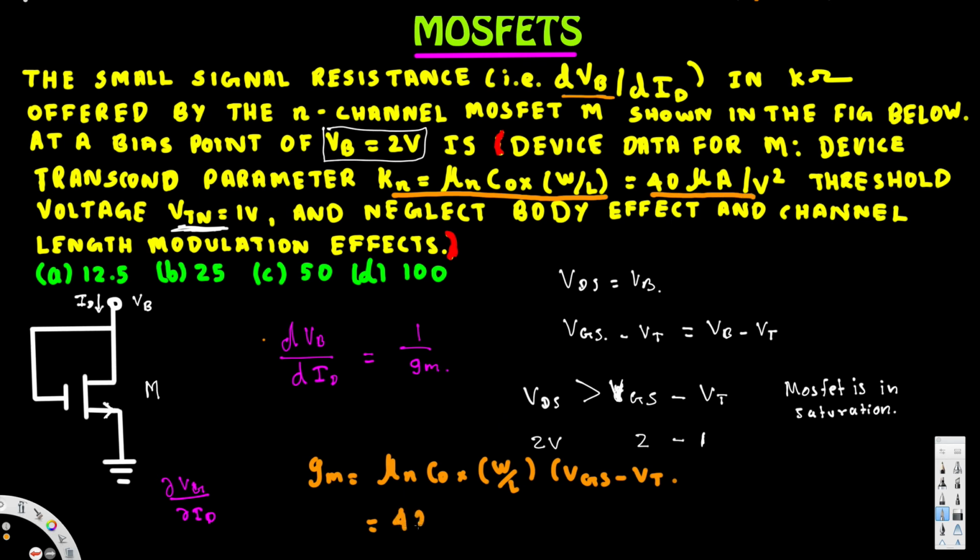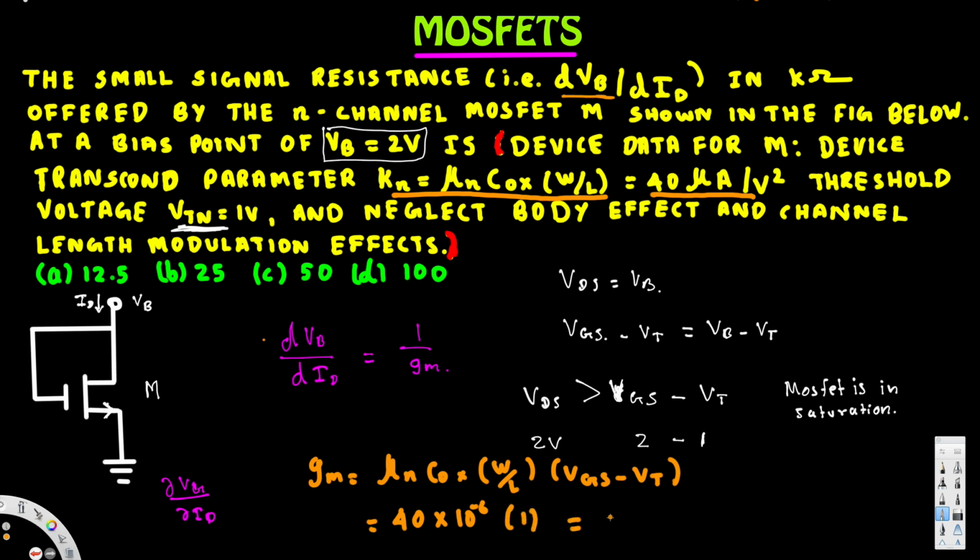So 40 times micro is 10 to the power minus 6. We have taken care of this whole part, mu n cox times W over L, which equals 40 times 10 to the power minus 6. Now VGS minus V threshold is 2 minus 1, that's equal to just 1.